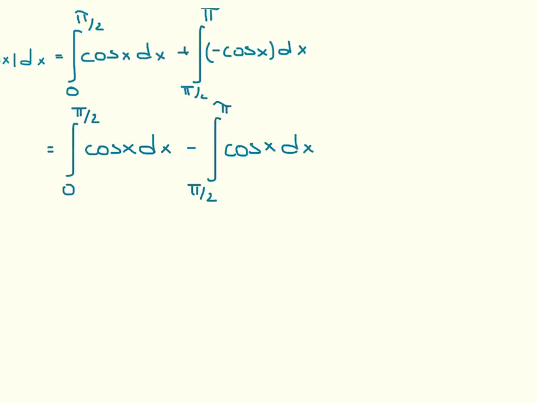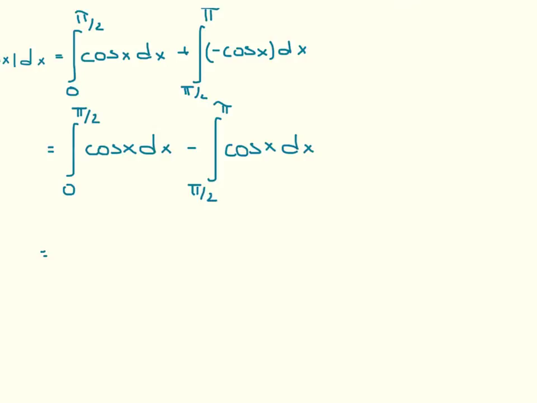Now one really important thing to notice is that this difference of two integrals is exactly what you would do to find the total area, or the actual area, rather than net signed area, for cosine of x from 0 to pi.